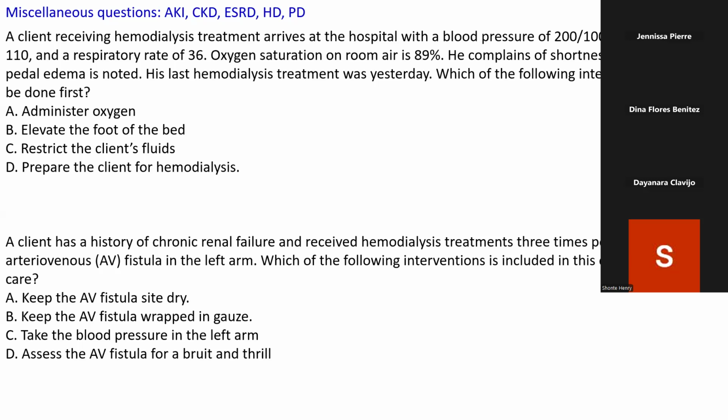It's critical that we do this at least once per shift. If it's a 12-hour shift, I would say twice per 12-hour shift. We have to make sure that this fistula hasn't become occluded or blocked, that there's no blood clot, and that it's usable. So we assess the AV fistula for bruit and thrill.